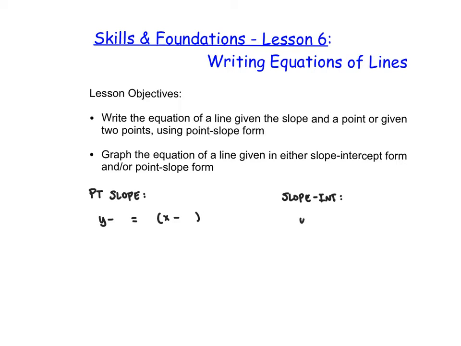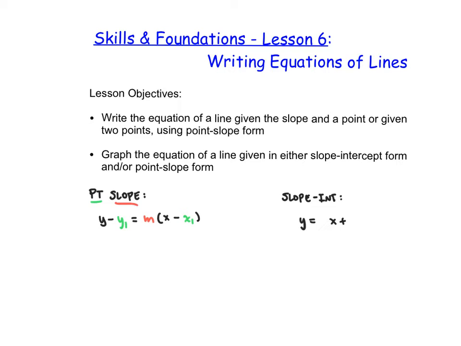Okay, I'm going to lay it out here. How they're different is that the point in point-slope is given by x1, y1, and the slope in point-slope is given by m.